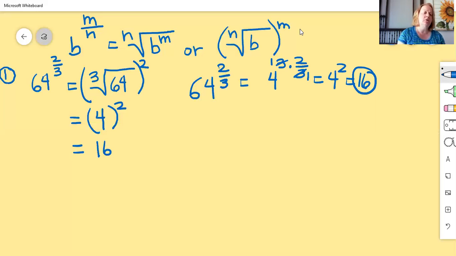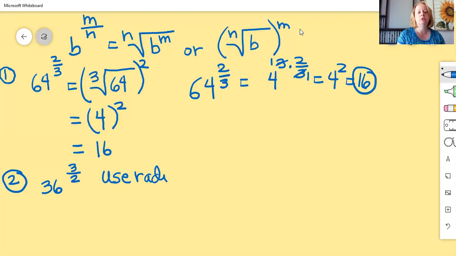Okay, so let's look at another one here, number 2. Let's say I have 36 to the 3/2 power. Let's say the directions were to use radicals to solve. So you have to really read the directions today on your homework, okay?